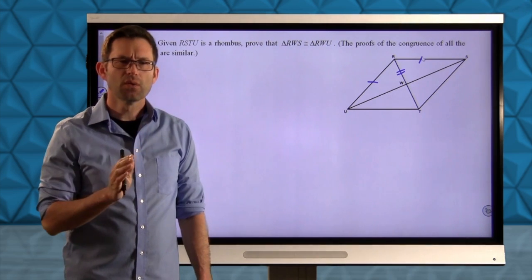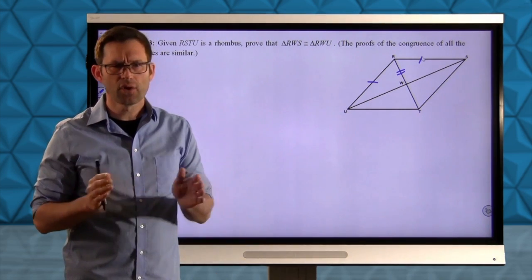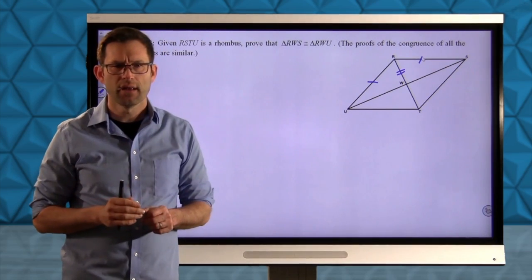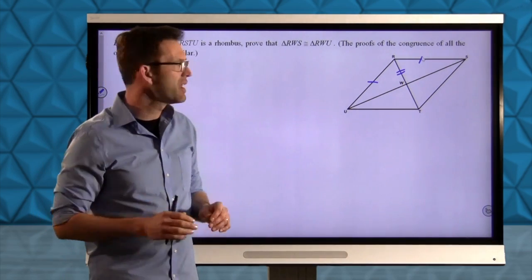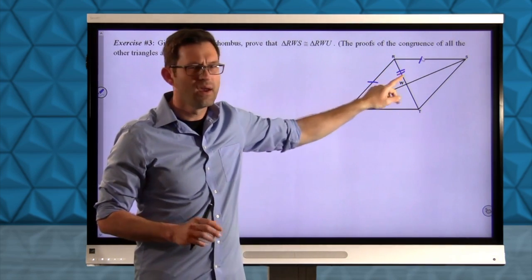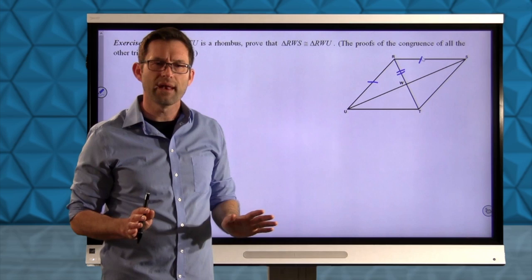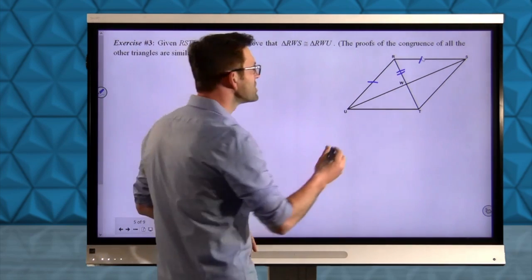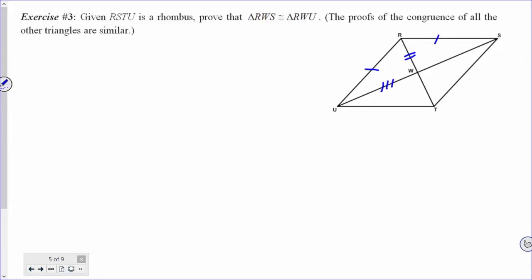So right now I've got a side congruent to a side congruent to a side. If I wanted to use side angle side, I'd have to somehow get this angle congruent to this one, and I don't really have anything in my tool bag right now. But is there any reason that we could say that this side is congruent to that side?